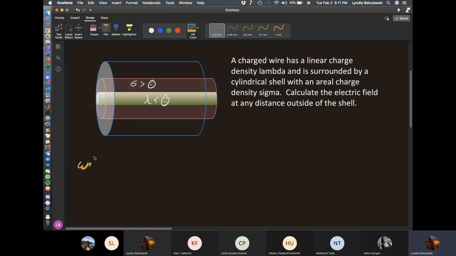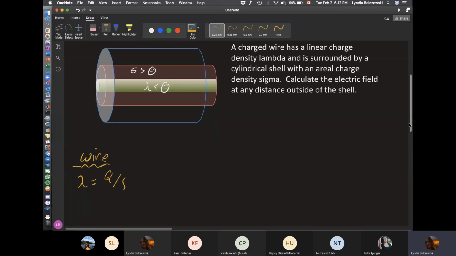So for the wire, I'll try to write that legibly. Okay, so the wire has a charge density lambda, which is equal to a charge per length. This is a lowercase l, that squiggly line. This amount of charge per length is constant.